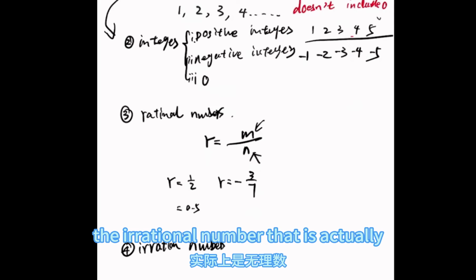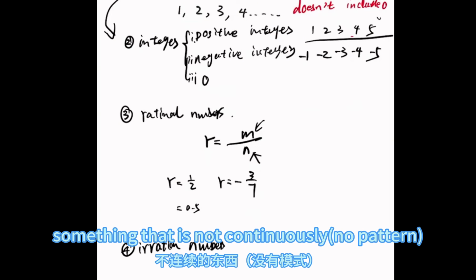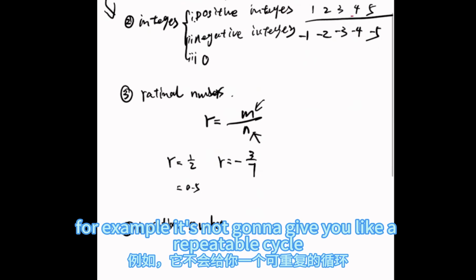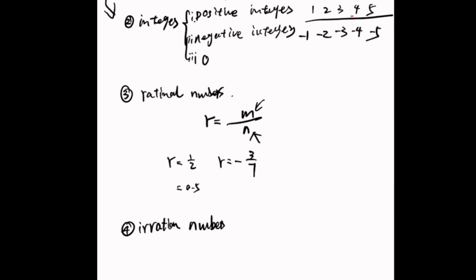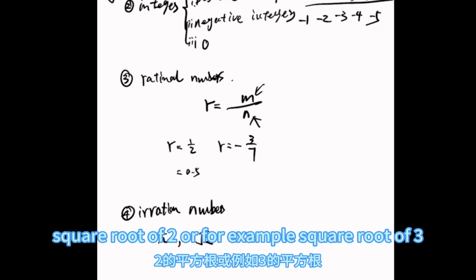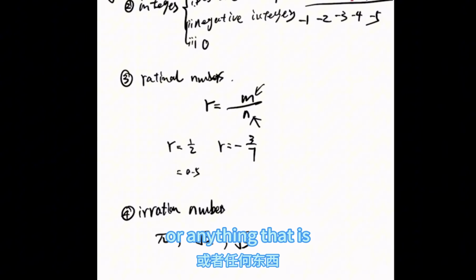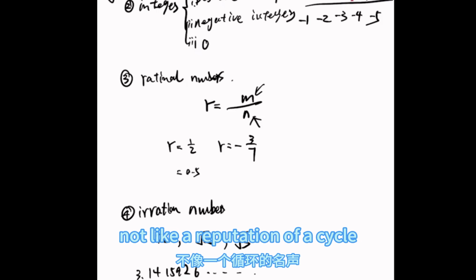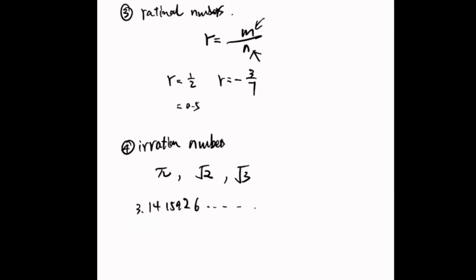Irrational numbers are not continuing in a cycle. For example, if I give you some numbers, like the square root of 2 or the square root of 3, or anything that is not a repetition of a cycle.